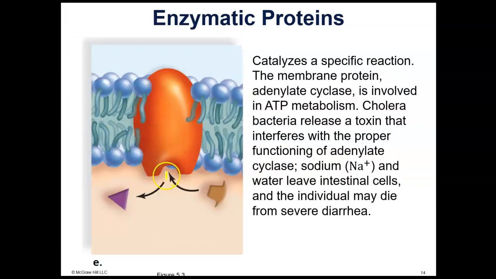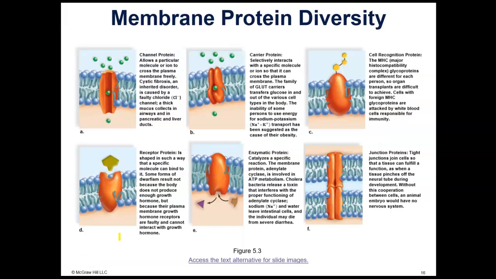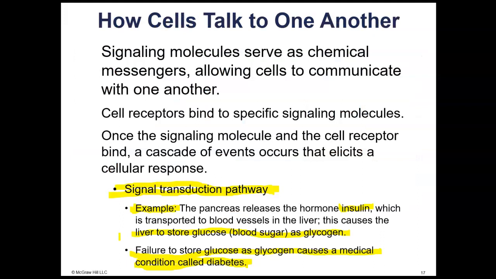Okay, then we have enzymatic proteins, which are just enzymes, and they're going to catalyze chemical reactions, and these are junction proteins. So you've got one plasma membrane on top, and it is being connected to another plasma membrane from another cell, so that those cells can be connected to each other and form a tissue. And this is all the same ones. This shows you the 6 different plasma membrane proteins.